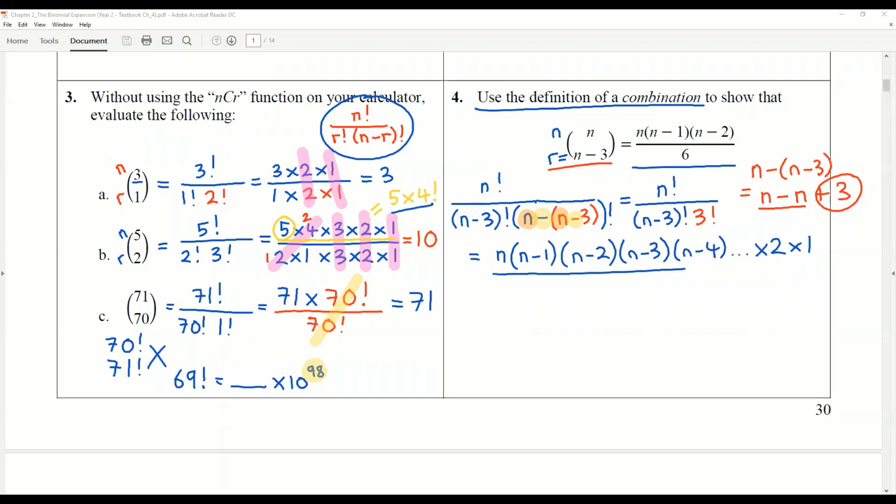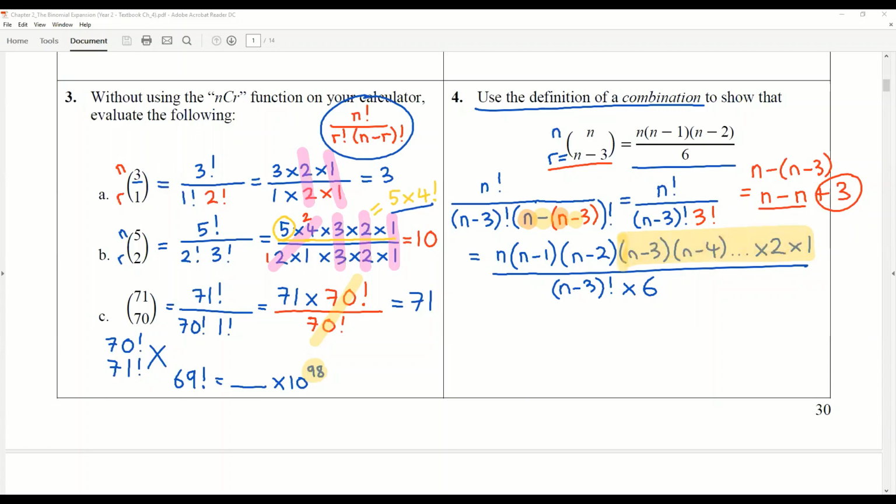And I'm dividing n factorial by n minus 3 factorial, and then also 6, which is what 3 factorial is. Now, remember what I said earlier about how factorials are built into each other. If we look at the numerator, all this here is simply n minus 3 factorial.